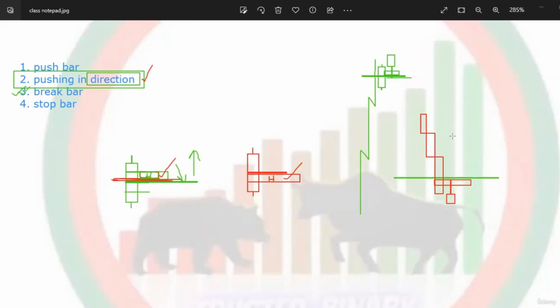It totally depends on market structure. If it's the extreme sellers' entry point area, it is different. If it's the extreme buyers' entry point area, it is not rejected, and most of the time the market forms a long candlestick like this. Step by step I will explain everything. Just try to understand all the bars first.